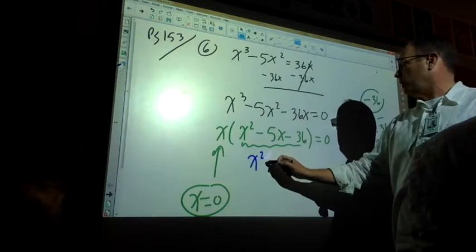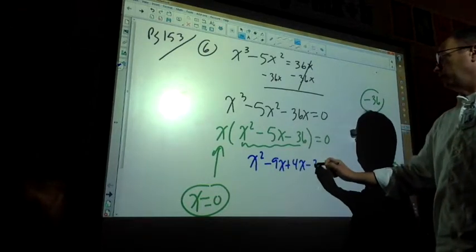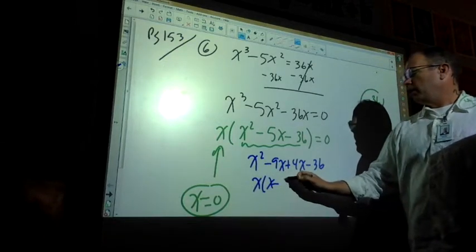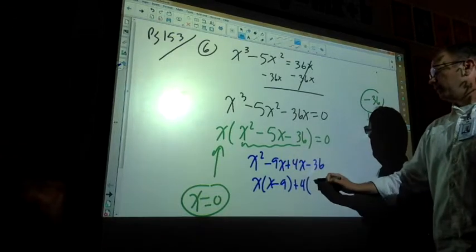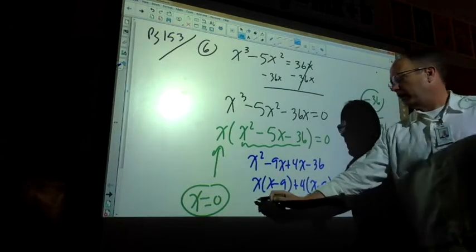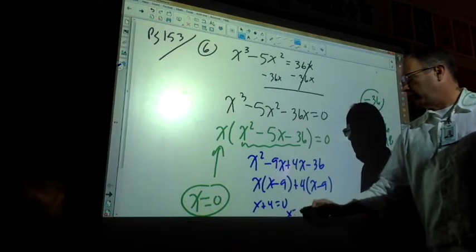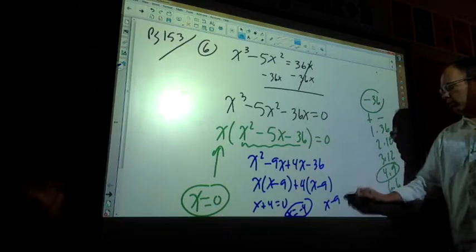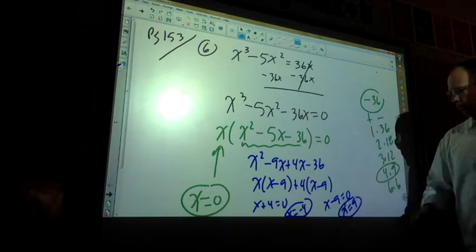So x squared minus 9x plus 4x minus 36 equals 0. x minus 9 plus factor 4 out here, x minus 9. So then I get x plus 4 equals 0. So x equals negative 4. And this one is x minus 9 equals 0. So x equals 9. 3 answers.